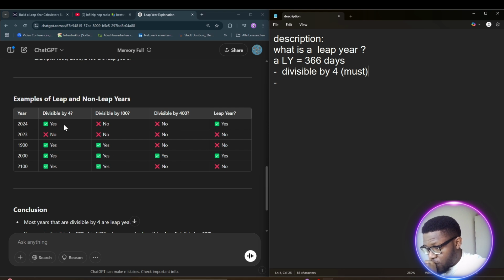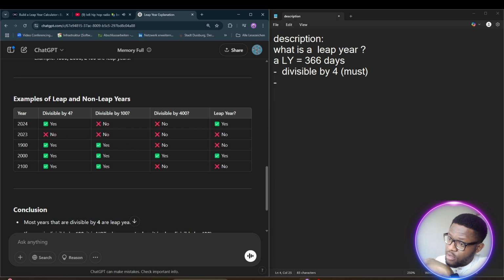So if it's divisible by 4 and not divisible by 100, it's a leap year. If it's not divisible by 4, it's not a leap year because that's a must condition. Without it, we cannot qualify the year as a leap year.